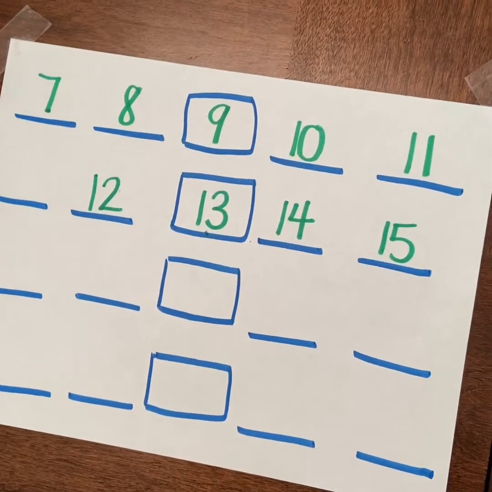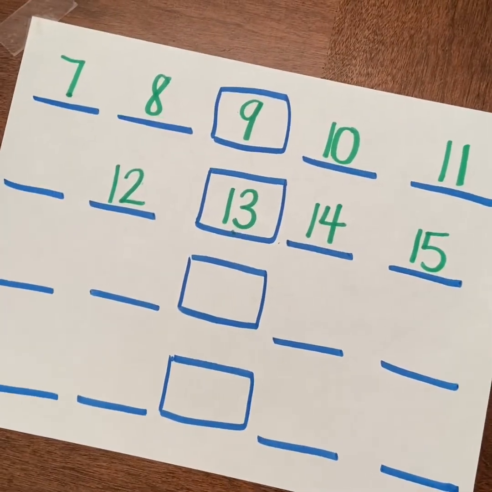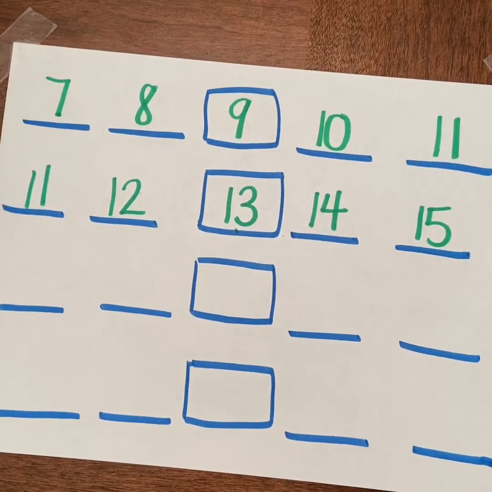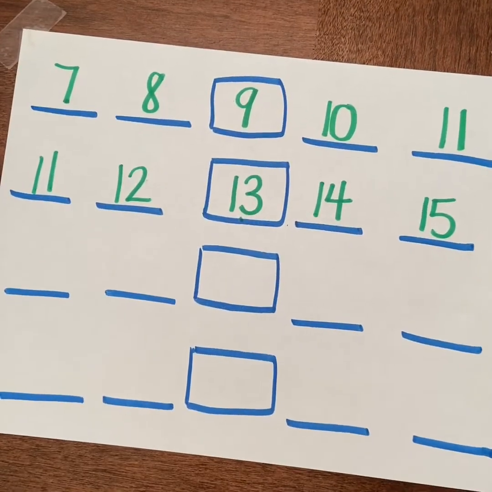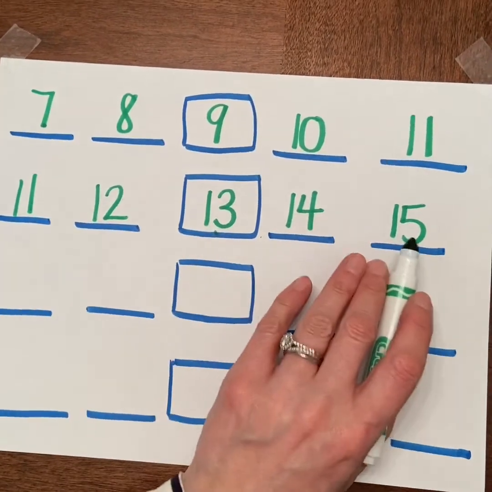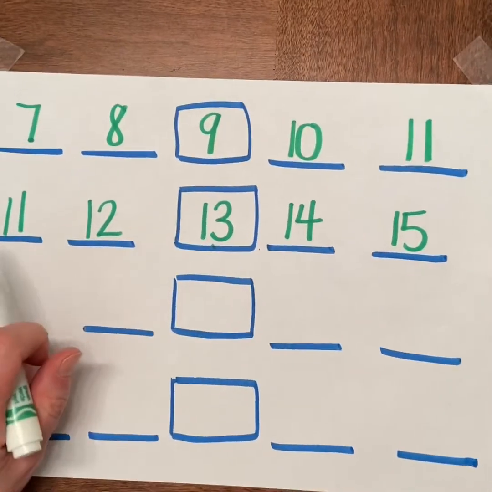And what comes before 12? 11. Let's count forwards and backwards. 11, 12, 13, 14, 15, 15, 14, 13, 12, 11.